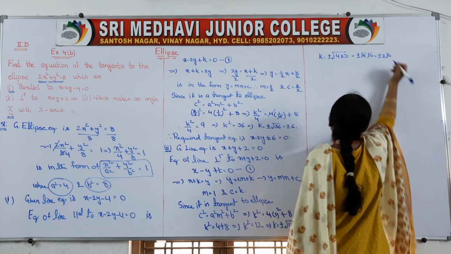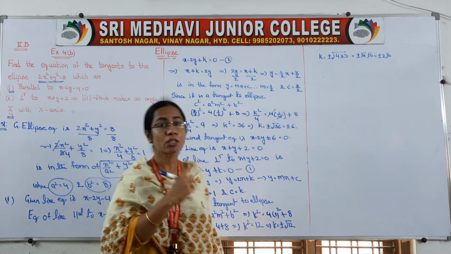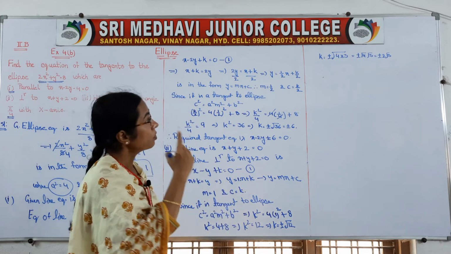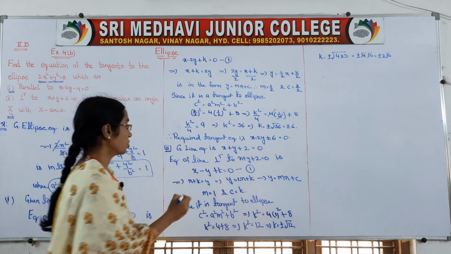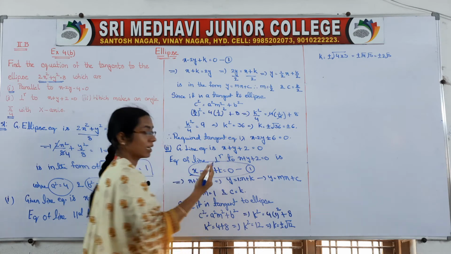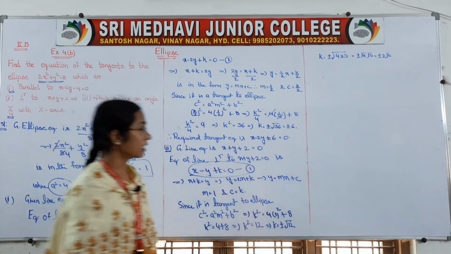So, your k value is ± 2√3. Now you got your k value, substitute in this equation, that is the required tangent equation.